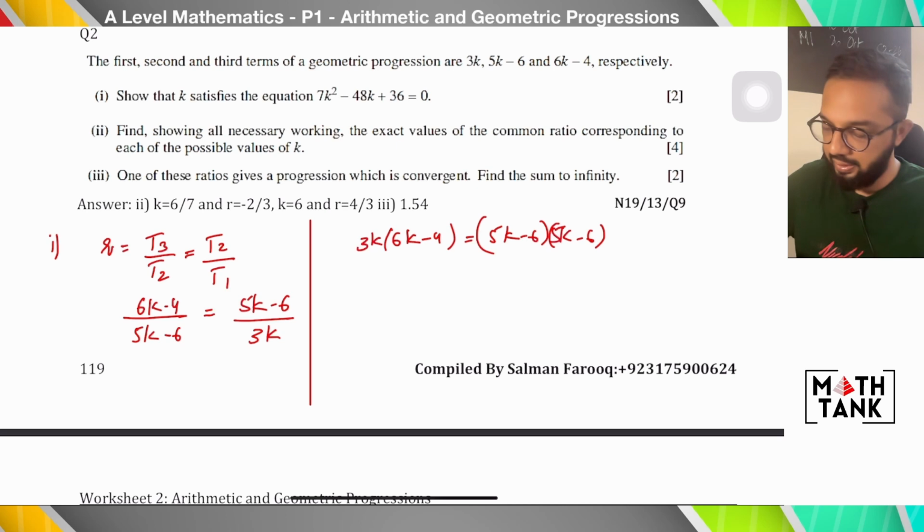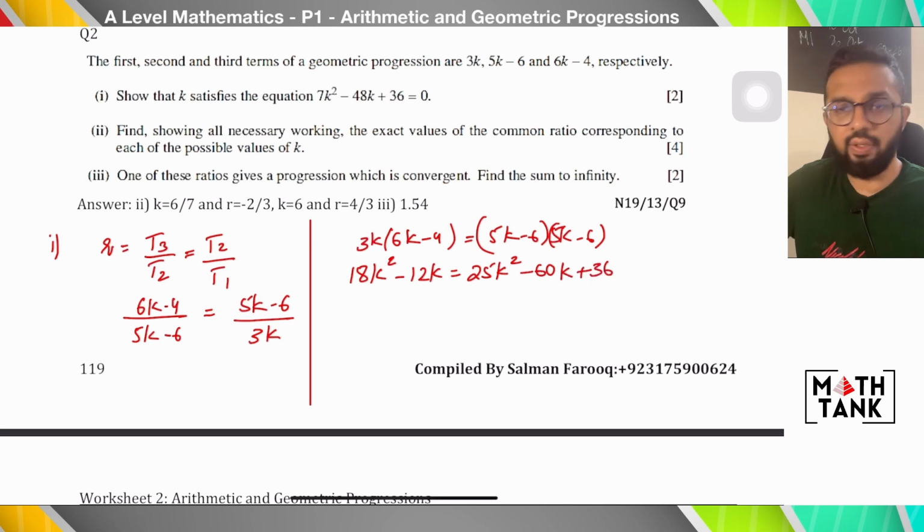So I get 18k square minus 12k, and 25k square minus 60k plus 36. I've done a whole square, a square plus 2ab plus b square. So that gives me, after subtraction, 7k square minus 48k plus 36. That's the first part of the question.